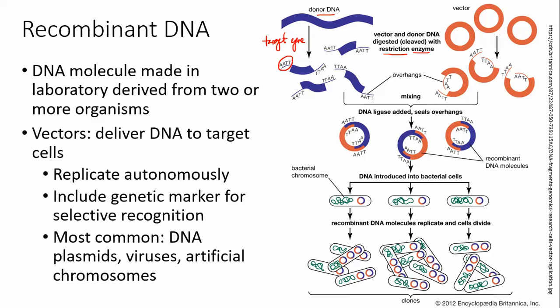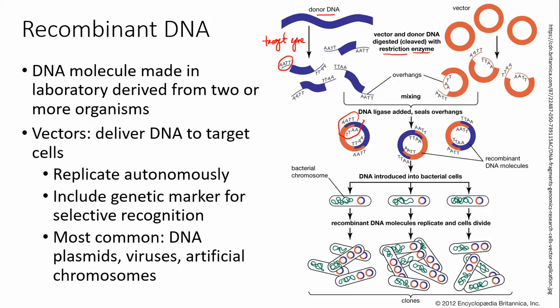And these overhangs can then allow what's called annealing, or you can say ligating, these fragments of DNA to combine with each other. And so then, once they're base paired with each other, you get some ligase to come in, seal up any breaks in the sugar phosphate backbone, and now you've got this plasmid, which has your target gene introduced into it.